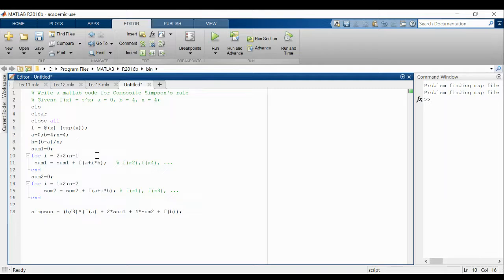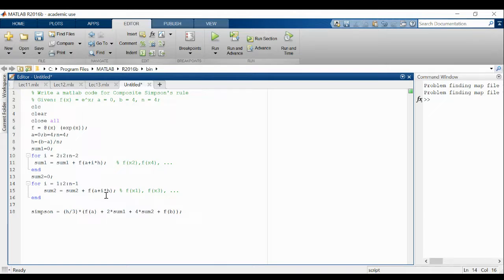When it starts from 2, it must stop at -2, and then we come up with this from 1, because when we put I as 1, what will be f of x1? F of x naught plus h. You remember the formula of x1? Now pay attention to this one first and then the second one later.